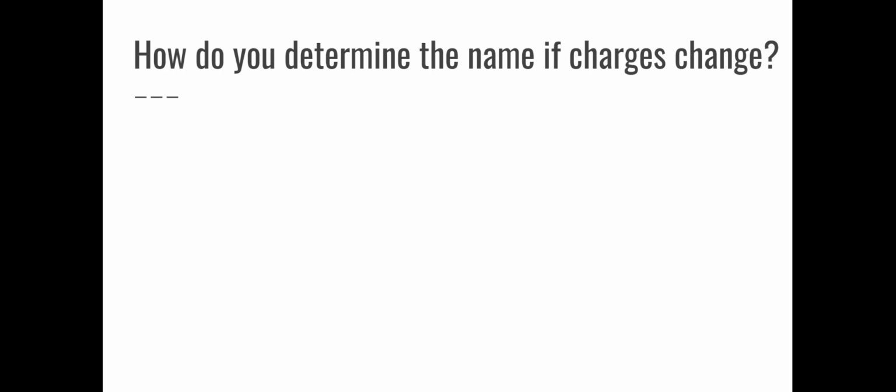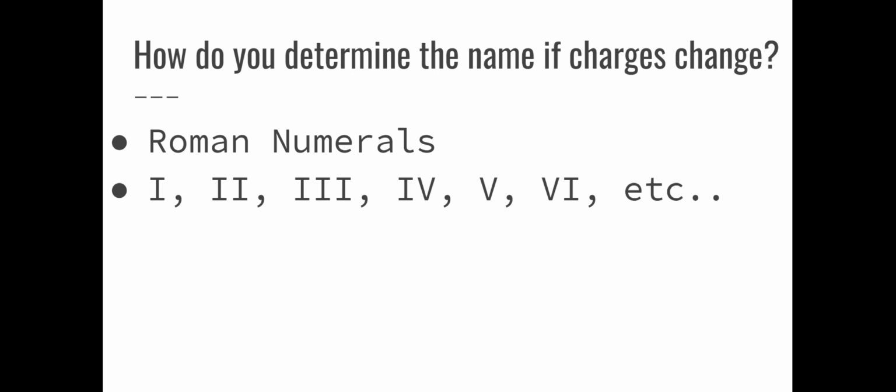How do you write the word for this compound if it could have a +2 or a +3 or a +4 or a +1 or who knows what it's doing? The answer? Use Roman numerals, particularly when you're in Rome. Roman numeral 1, 2, 3, 4.